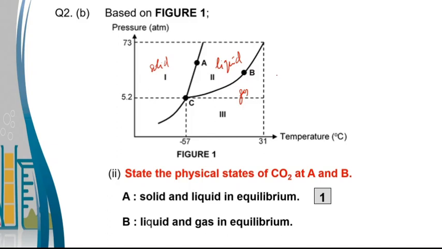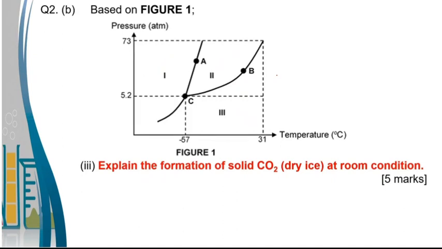All right, so next we will see this. Explain the formation of solid carbon dioxide, which is dry ice, at room condition. Room condition is room temperature and pressure, which involve 1 atmosphere and 25 degrees Celsius.